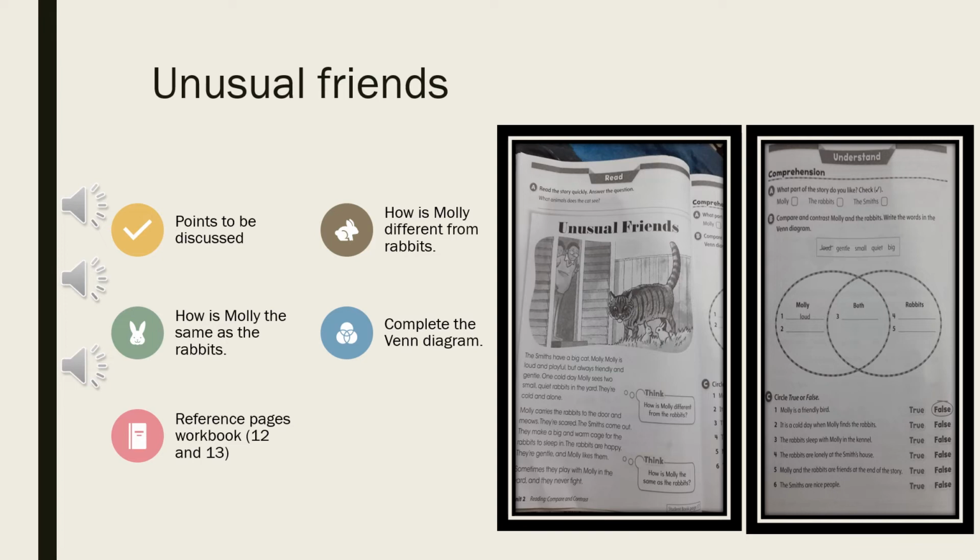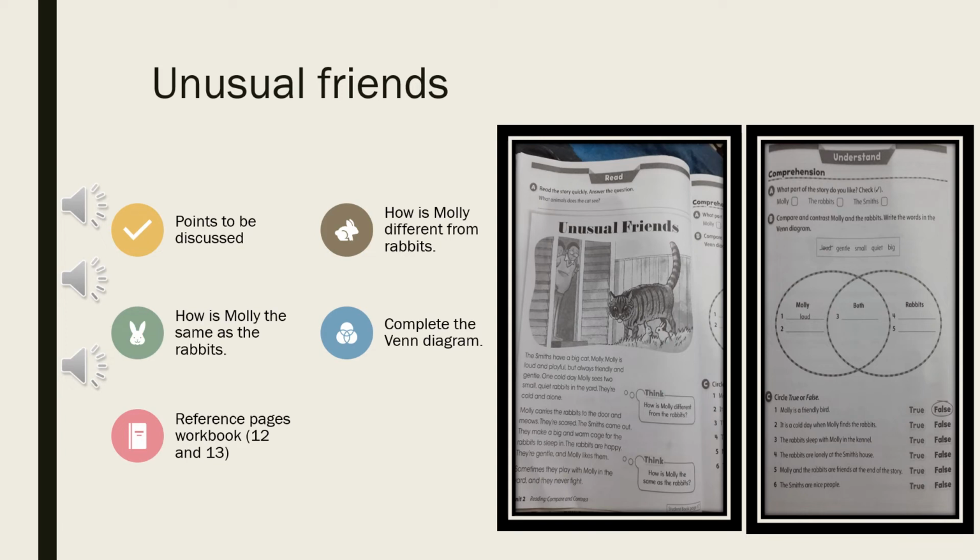So it's very simple, as discussed earlier as well. In Molly section, loud is written, as I told you that Molly is loud. So what would be number 2 in Molly's one? Yes, number 2 would be big. Molly is a big cat.